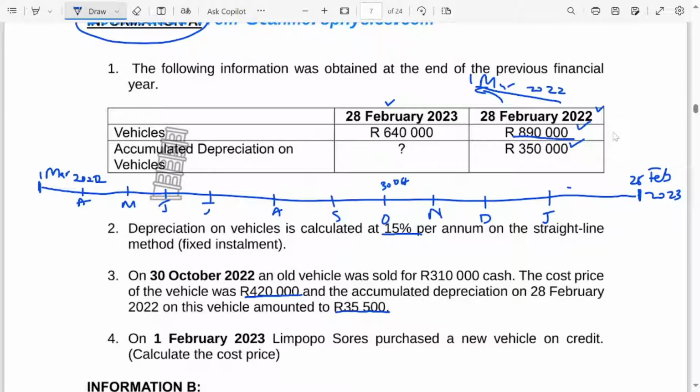Then we go and record it in the asset disposal. So in this case, they gave us the accumulated depreciation on 28 February 2022. This is a balance at the beginning of the year, because it's a closing balance for the previous year, meaning that when we start this year on 1 March 2022, this 35,500 is going to be the opening balance.